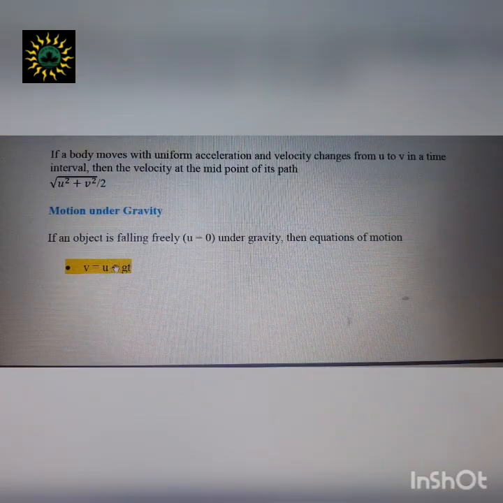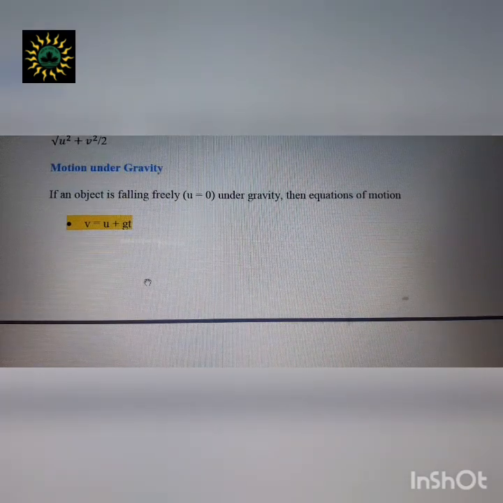Now motion under gravity. When you are dealing with gravitational motion, in place of the acceleration a, you have to place the gravitational acceleration g, otherwise it's the same. Another change required in this case is that in place of displacement s, you have to write the height, because the body is moving either upward from the earth surface or coming towards the earth surface.